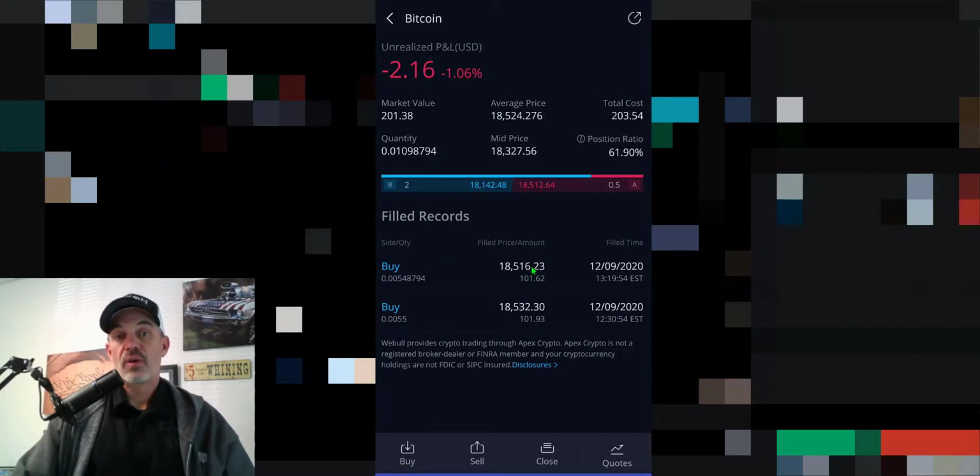So again, we were at 18,330-ish, and now we're at 18,516 as the position my order actually filled at. And that is that 100 basis point or 1% markup on this particular order. And so again, you'll be down 1% the moment you place a buy order on Webull.